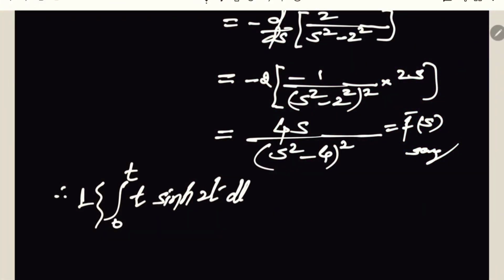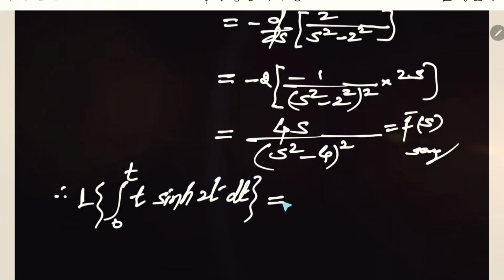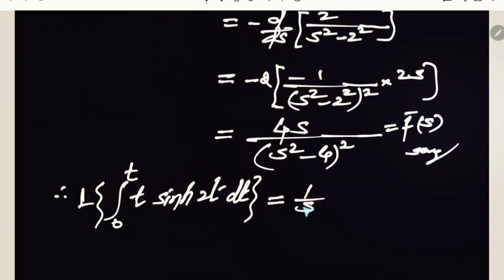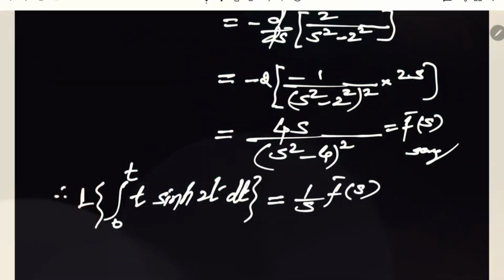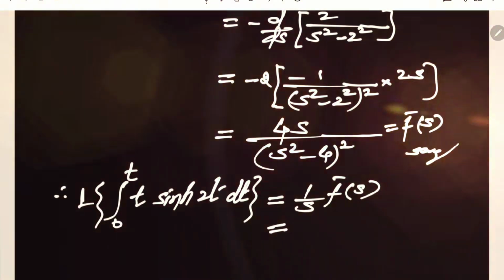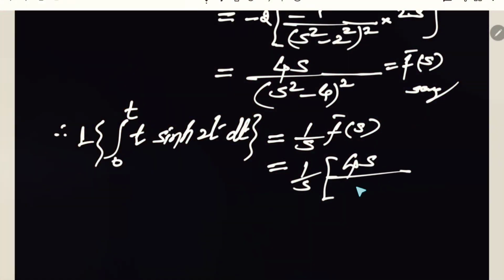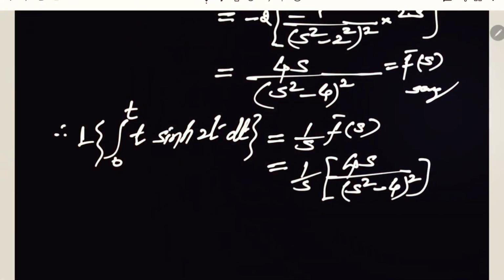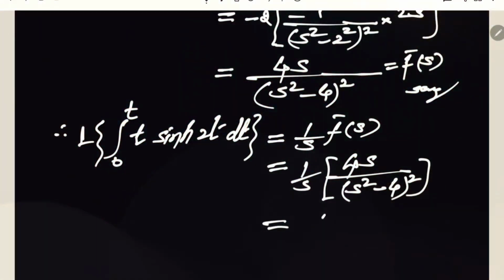Therefore, Laplace of integral from 0 to t of t sinh 2t dt as 1 by s f bar of s, 1 by s, f bar of s is 4s divided by (s square minus 4) bracket square, so that s's get cancelled, we get 4 upon (s square minus 4) bracket square, new f bar of s.